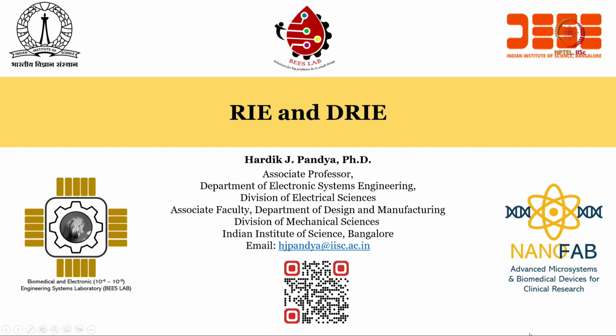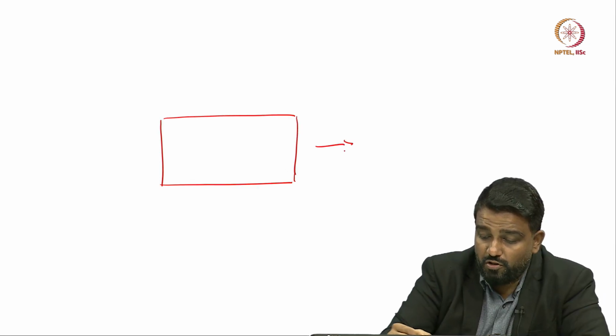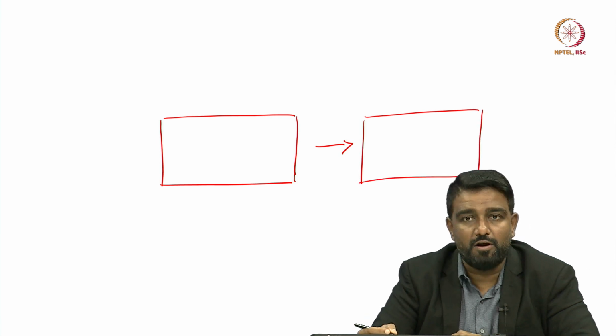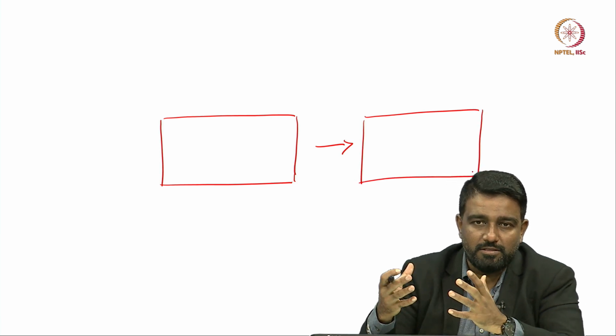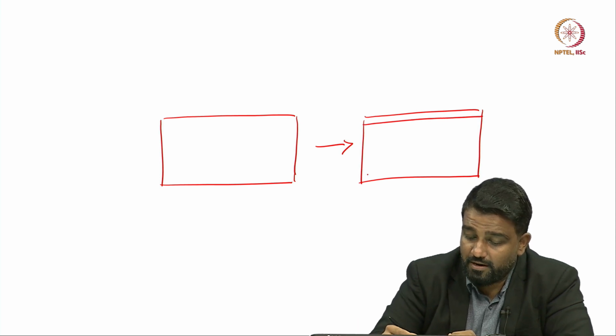Just to give an example, if you see the slide, we will talk about RIE and DRIE. I will give an example of what we are talking about. So, if you take a silicon wafer, perform a photolithography technique, that means that you know now that we cannot directly start using the silicon wafer and deposit material, right, because silicon is a semiconductor.